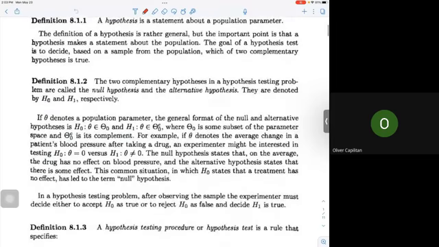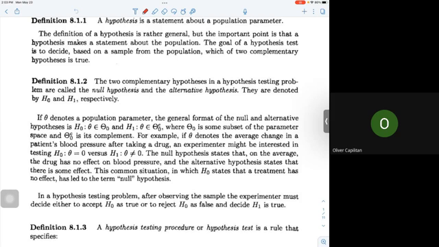If theta denotes our population parameter, we have here a general format for the null and alternative hypotheses. For our null hypothesis, H sub 0, we have the statement that theta is an element of a big theta sub 0. This big theta sub 0 is what we call the null parameter space.